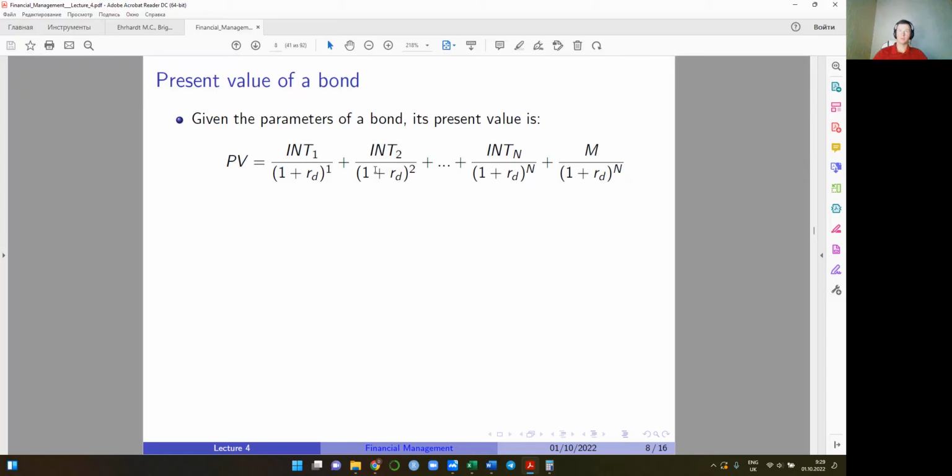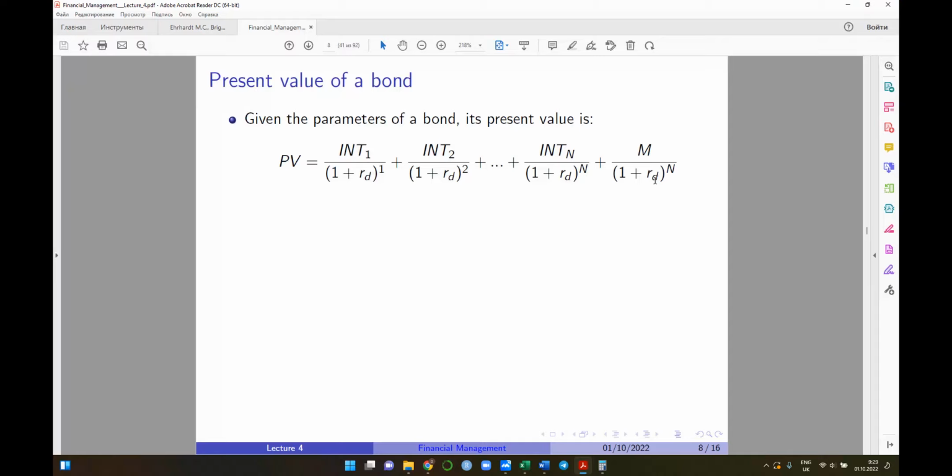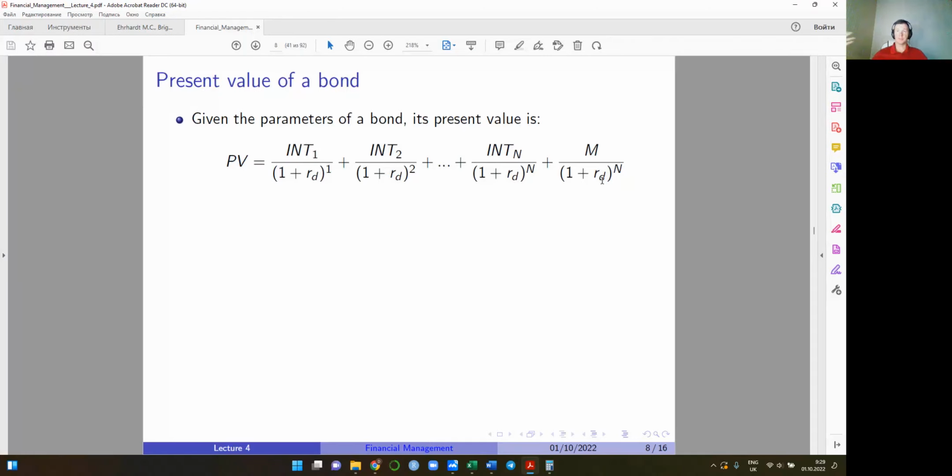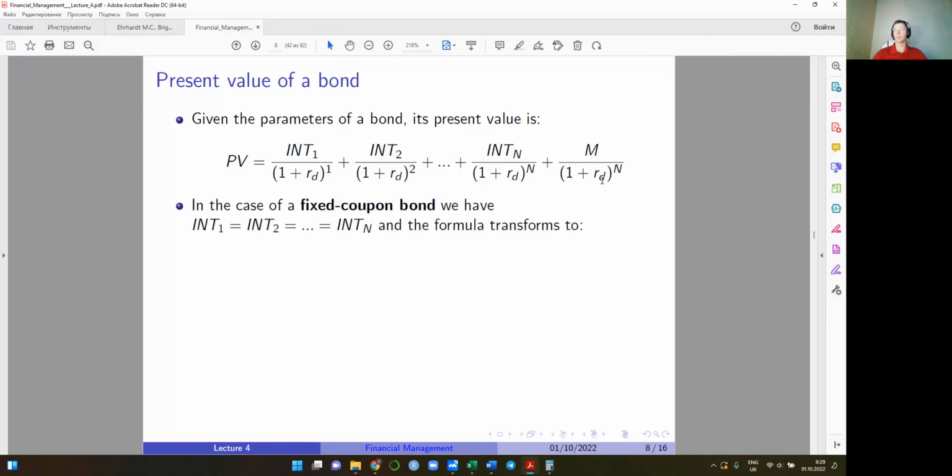Second coupon payment divided by 1 plus RD to the power of 2. Third, fourth, fifth, sixth, and so on, up to the last coupon payment divided by 1 plus RD to the power of n, plus face value, which is capital M in this case. Now, according to the specifics of different types of bonds, we can simplify this formula.